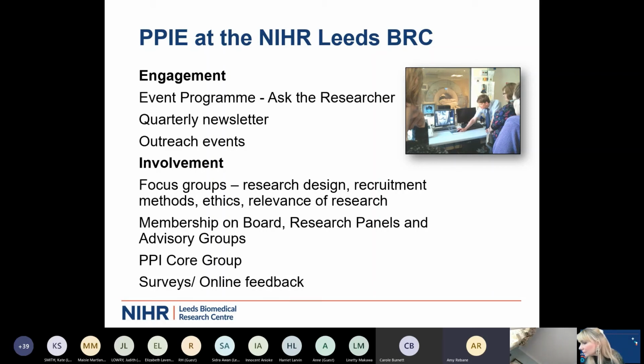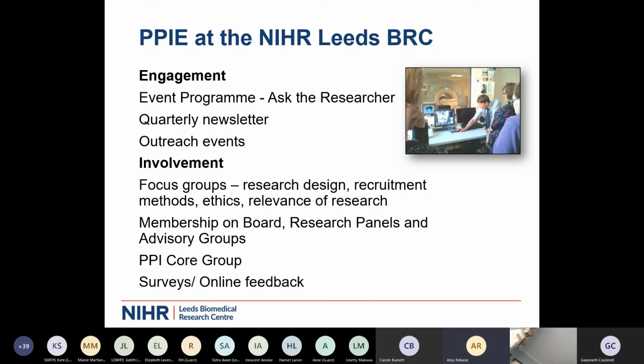We also have a membership on our board. From our core group, we have 2 members who sit on our executive board for the Biomedical Research Centre, ensuring that we've got that two-way flow of information between both the core group and the board. We also have members who sit on research panels and advisory groups.